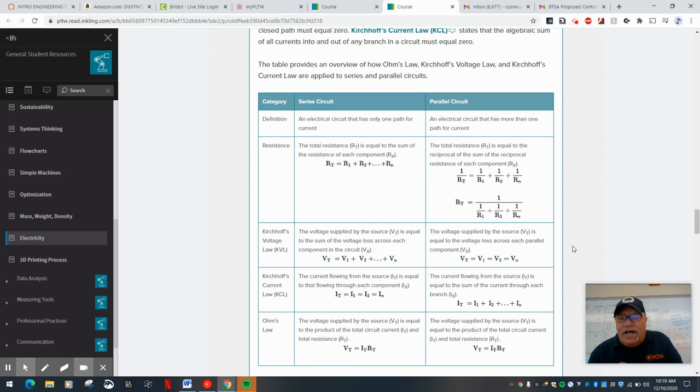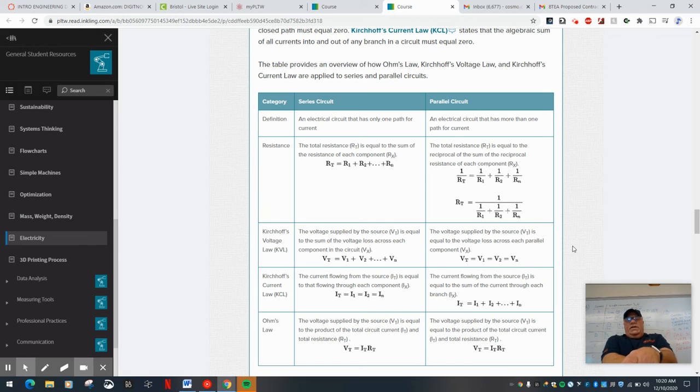In a parallel circuit, the total resistance is equal to the reciprocal of the sum of the reciprocal resistance of each component. Is that weird? That's weird. So in order to get the total resistance, you're going to add up the reciprocals of each of the resistors.